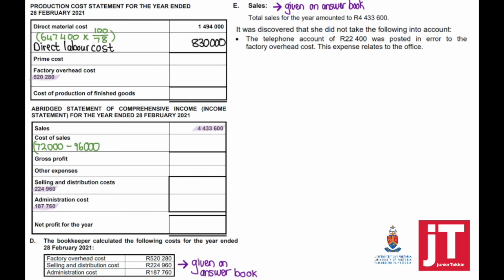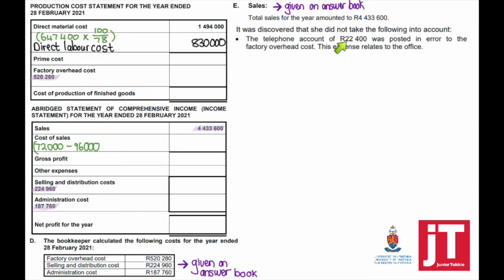So if there's a change that I need to make, for example, now with the telephone account, I need to make a change in the factory overhead cost and I need to make a change to the office, which means the administration cost. So what is happening there?